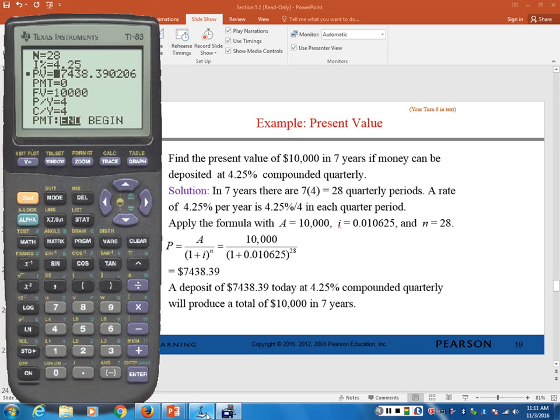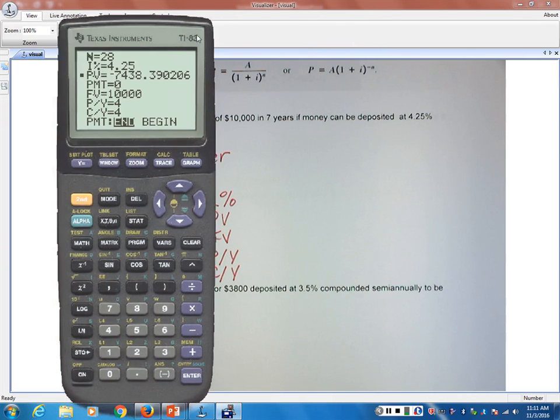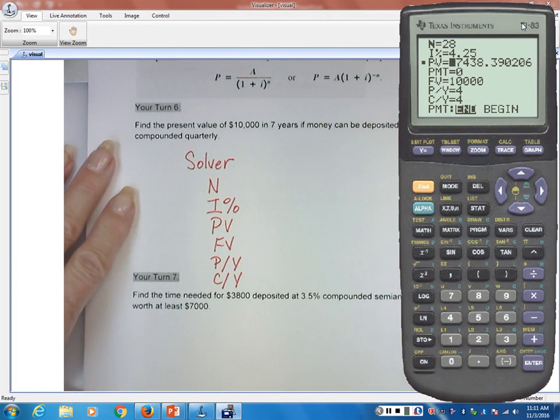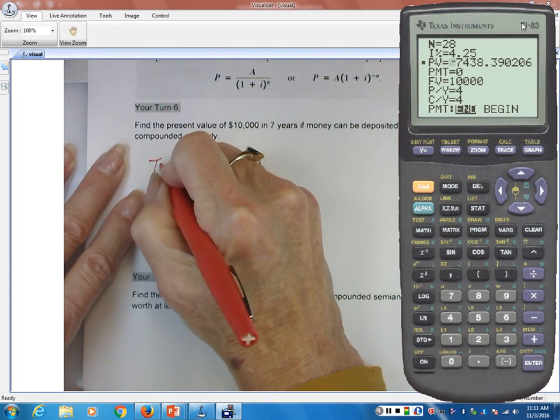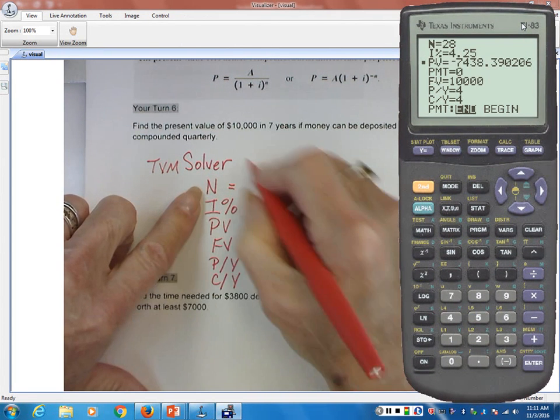So let me get this up here, and we're going to write down what all these stand for, so that you'll have something to help you with remembering how to do these. So this is the TVM solver. N is going to be the number of times compounded.